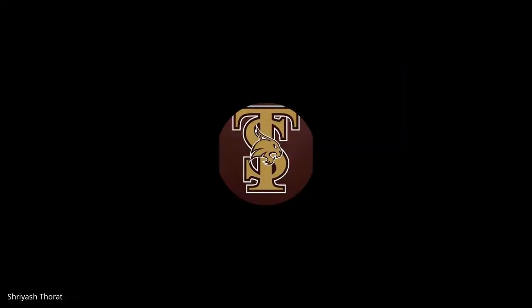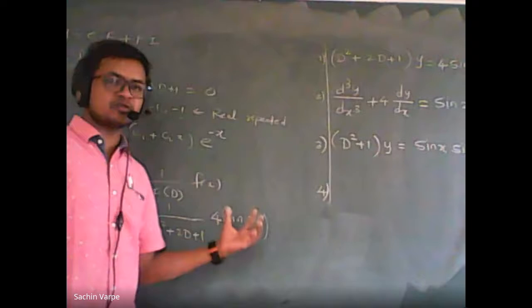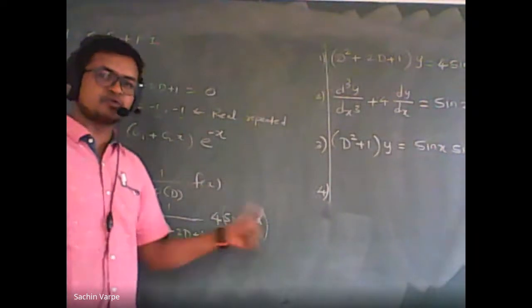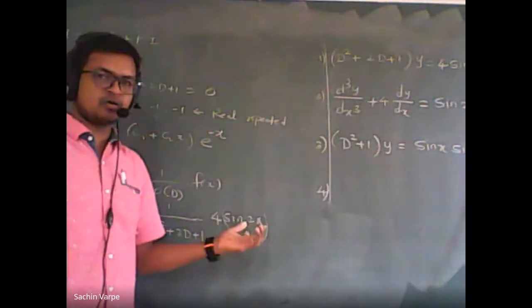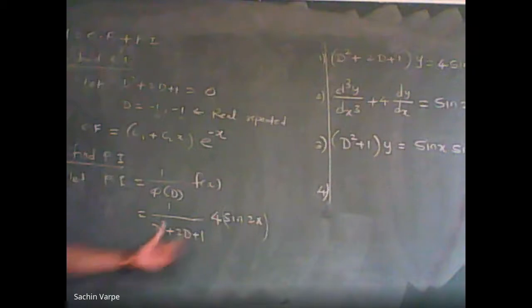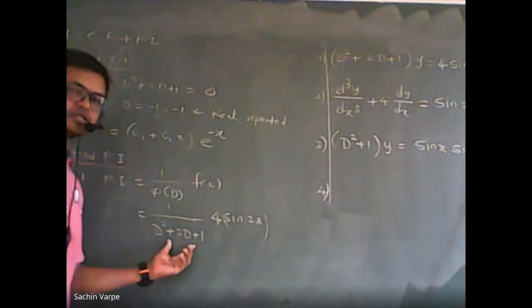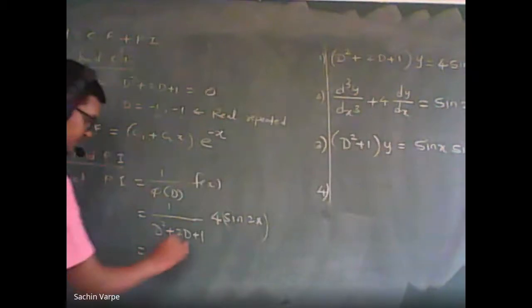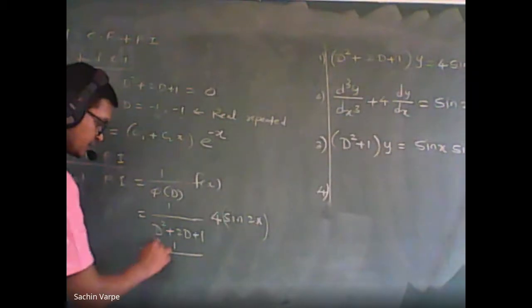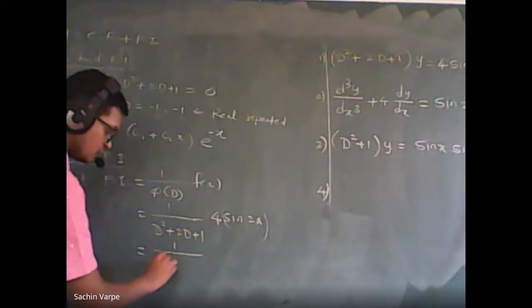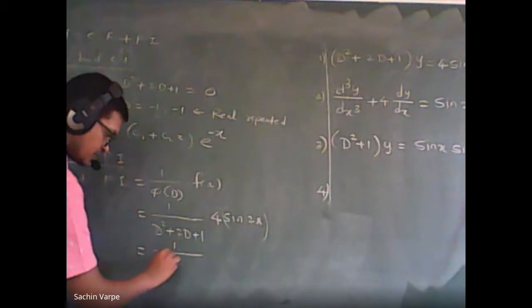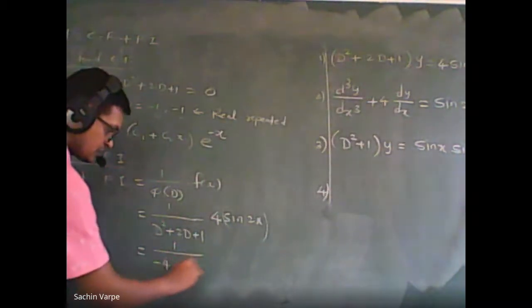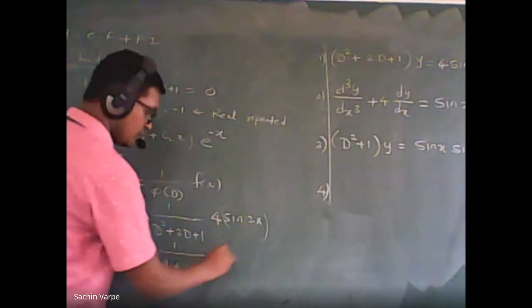So we'll replace D square by minus of a square, that is minus of 2 square, that is minus 4. Already we have this phi of D in terms of D square. So we write minus 4 plus 2D plus 1 into 4 sine 2x.